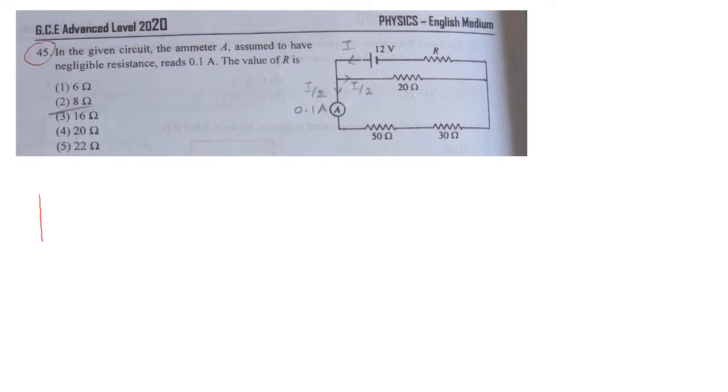So here we have a 12 volt battery, and then I take the R resistor here, and then we have a 20 ohm resistor here. So this is R and this is 20, and here we have 80, right?